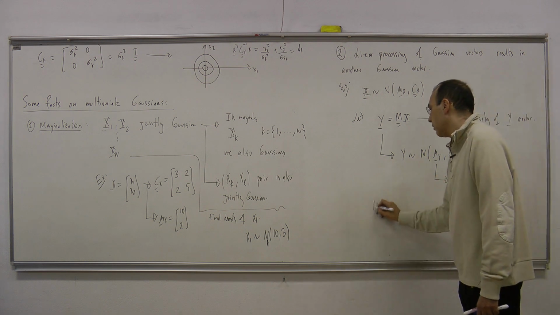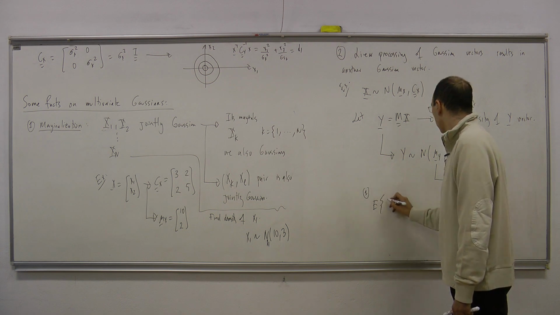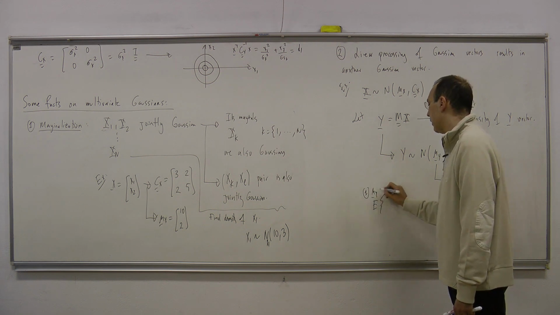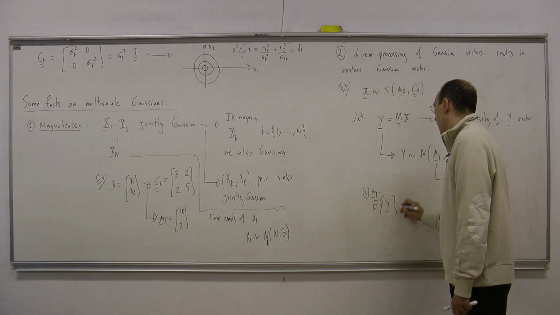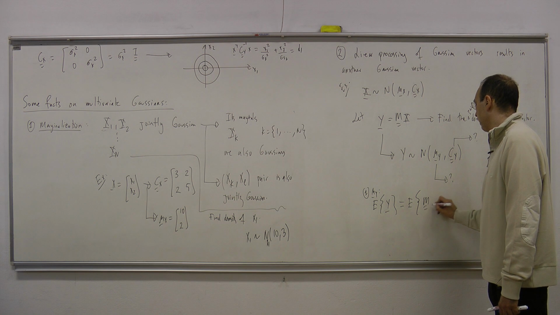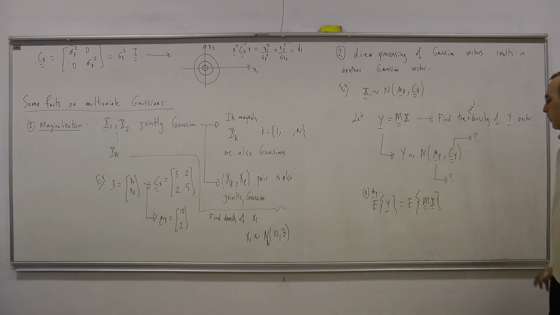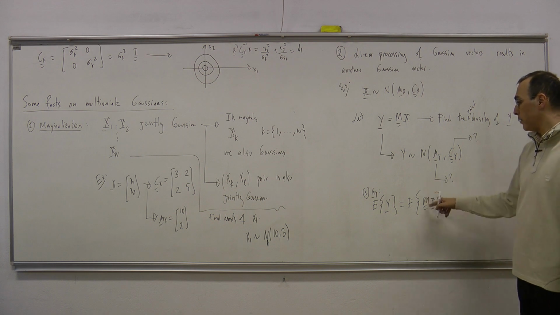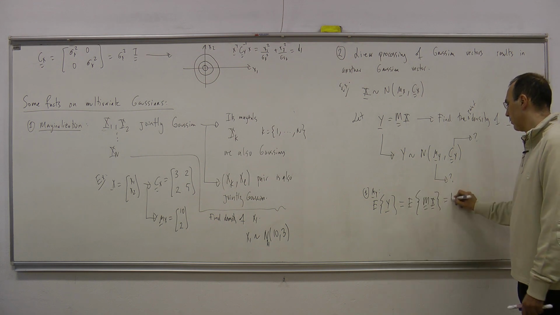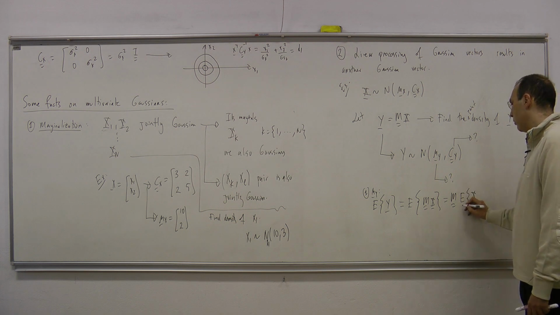Well, let me give it a try. The expected value of y, so this is mu y, is equal to the expected value of M times x. Because M is just a constant, you can take it out. It's not a random quantity.